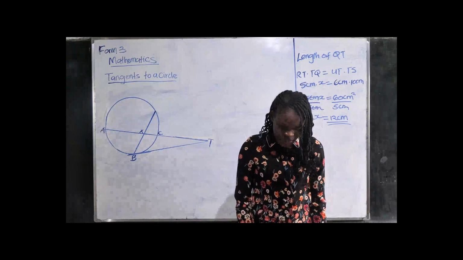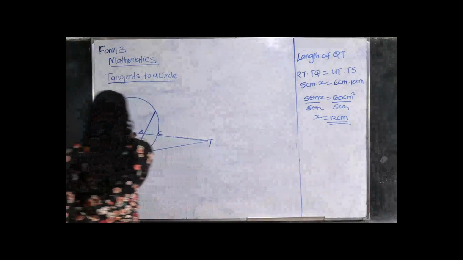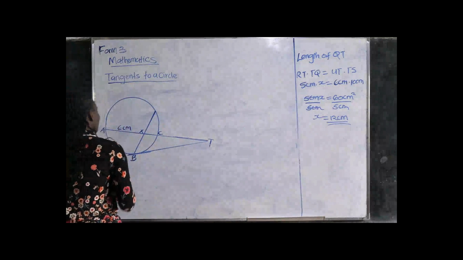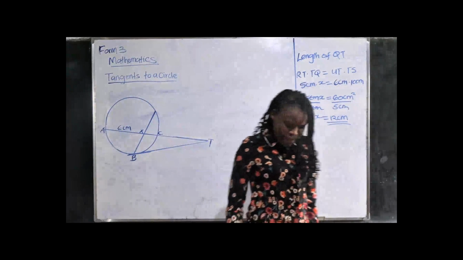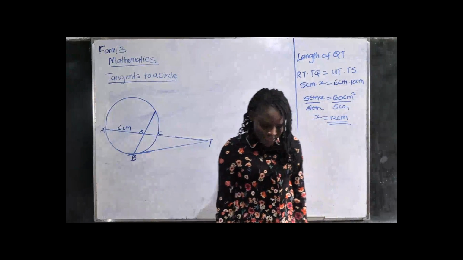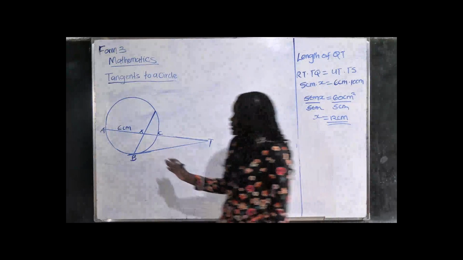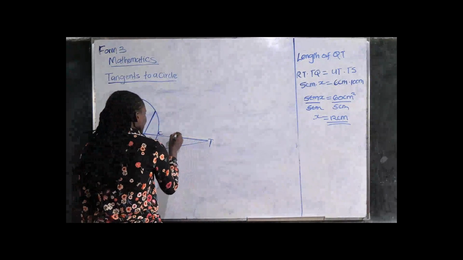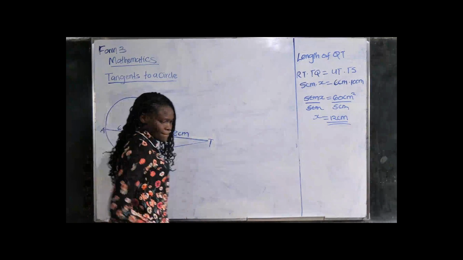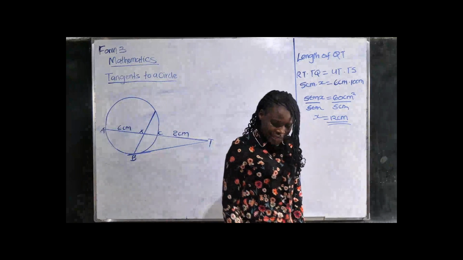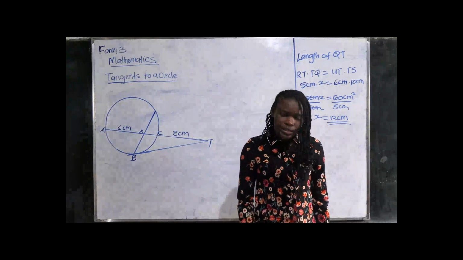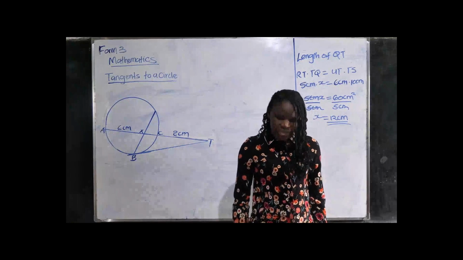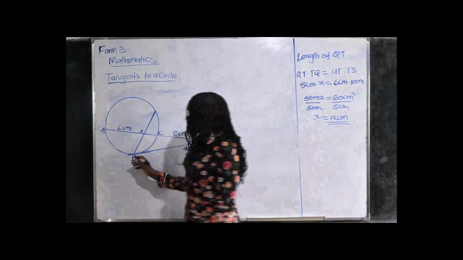AX is 6 centimeter, and CT is 8 centimeter. BX is 4.8 centimeter.